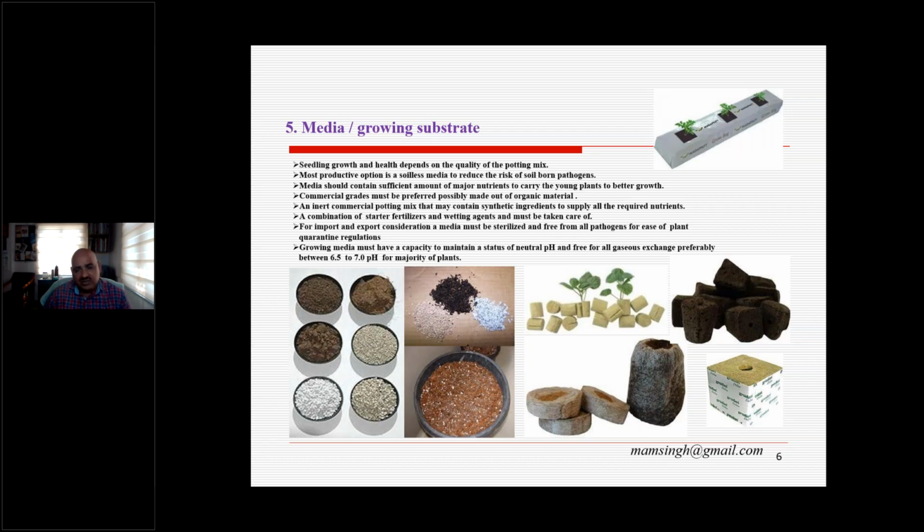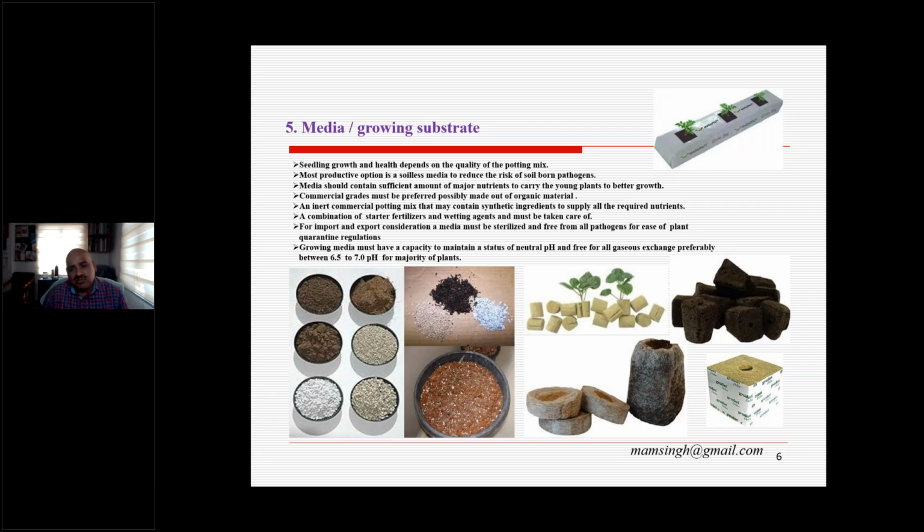Perlite is a very light rocky material, and it can absorb water and retain it for when the plant roots require it. Vermiculite has the advantage that if you mix it in, the flat gravels of vermiculite break the capillary movement of water in the growing media, so the evapotranspiration losses are very low. This saves water and also saves the seedlings from desiccation.